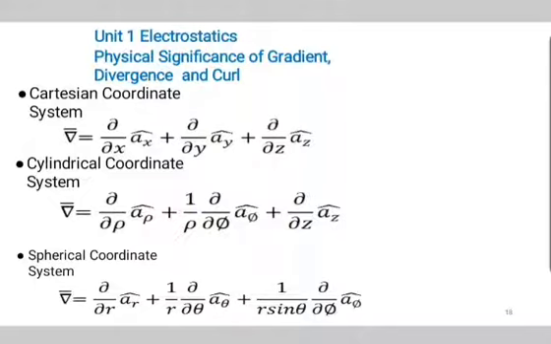Here in the Cartesian coordinate system, delta bar is given, and for the cylindrical and spherical coordinate systems also. So gradient is denoted by delta.